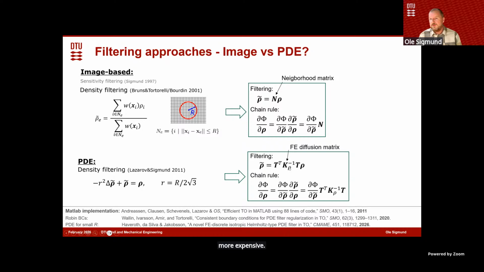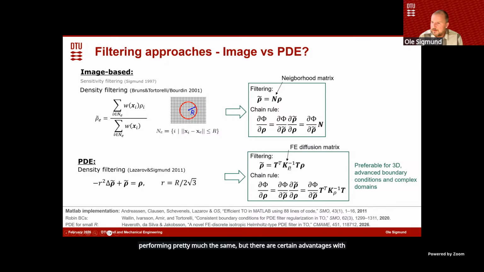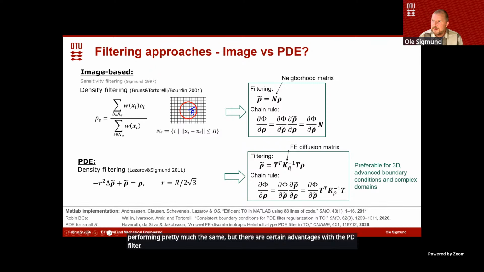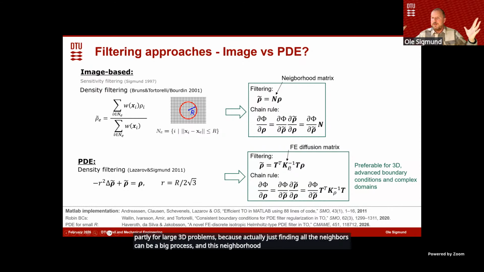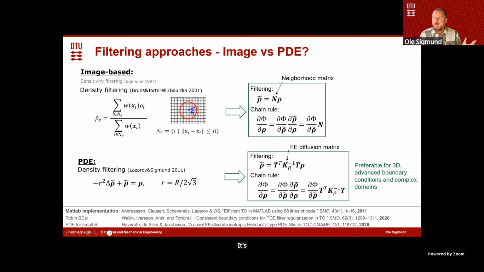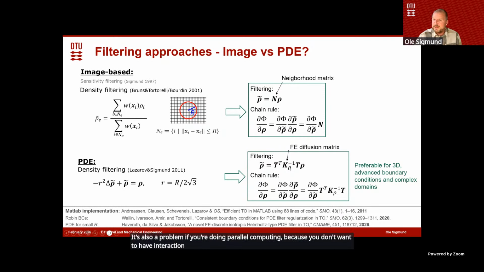You could also say the two filters are performing pretty much the same, but there are certain advantages with the PDE filter, partly for large 3D problems, because just finding all the neighbors can be a big process, and this neighborhood matrix can become very big. It's also a problem if you're doing parallel computing, because you don't want interaction between subdomains.